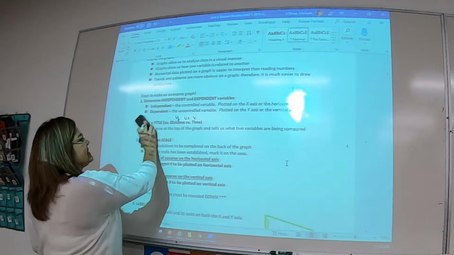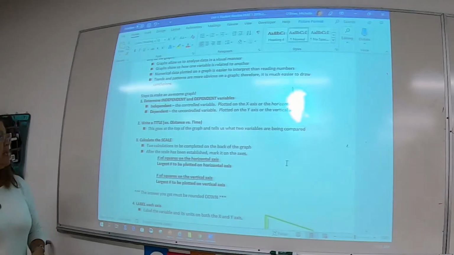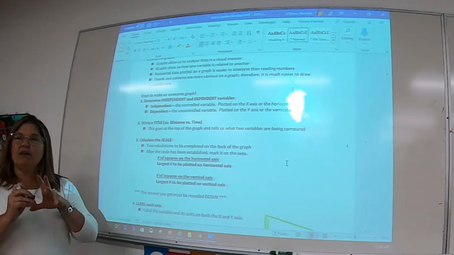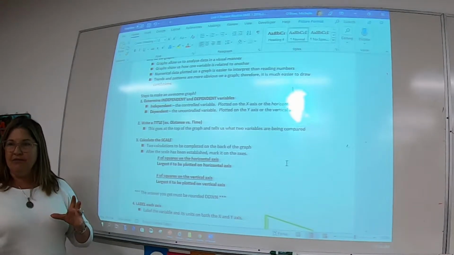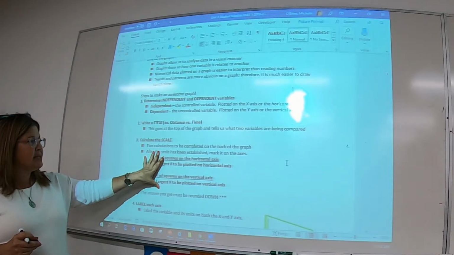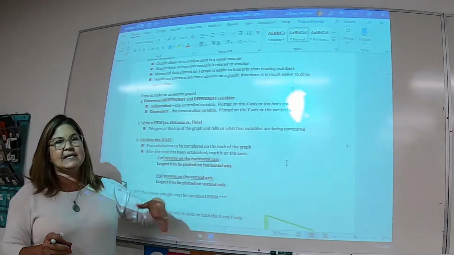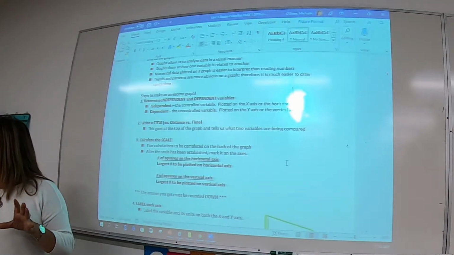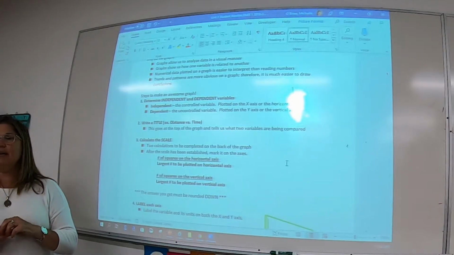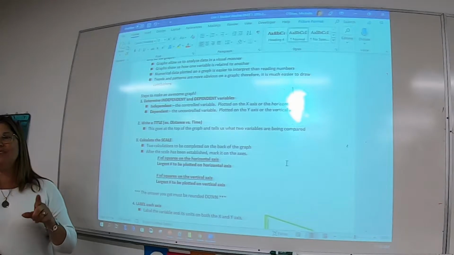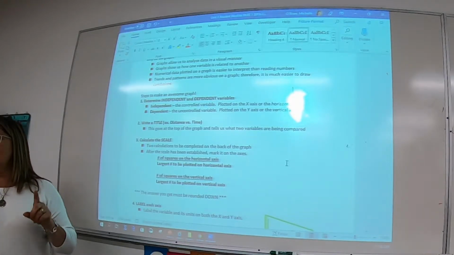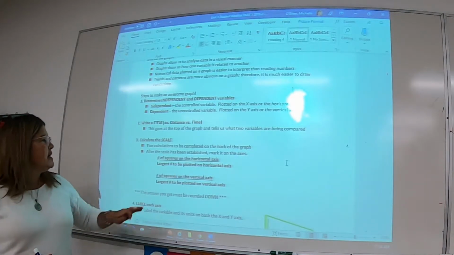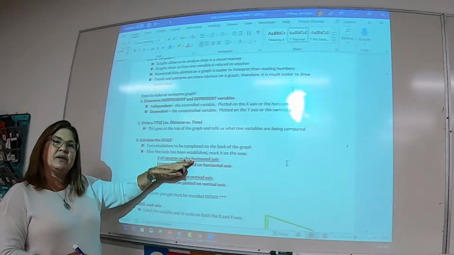Okay, then we have a scale. There are two calculations to be completed on the back of your graph. So when you do a graph, you want these. And in order to have a scale, we want our graph to be as big as possible. And that means it has to at least be a half a page in size, okay, at the very least. So, how are we going to decide what the scale is?